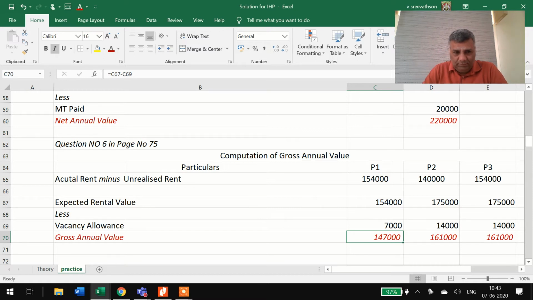Okay, sir, but he may be in desperate need of money, so he would let it out for less. He can prove to the department and get the benefit. This is the basis of computation, but in practical cases, he can prove. Even if it is two adjacent flats of the same location and same construction, they might not be similar.